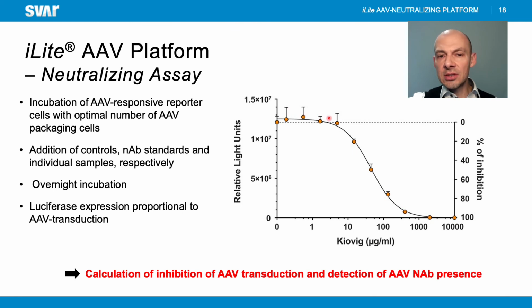With increasing concentration, the signal is inhibited down to full inhibition with a certain amount of the IgG pool. Now we can calculate inhibition of AAV transduction and analyze serum samples for the presence of AAV neutralizing antibodies.